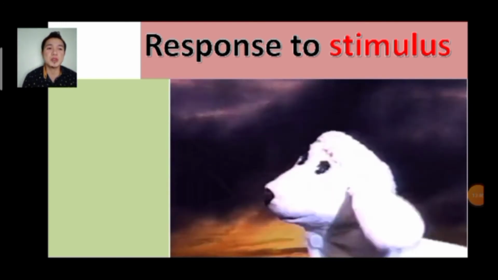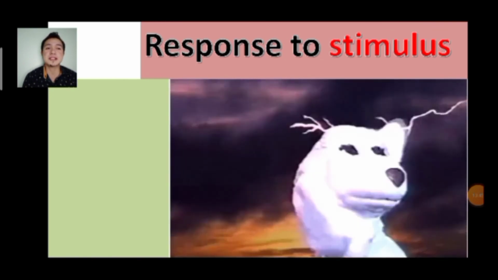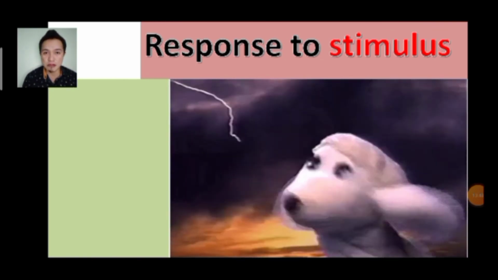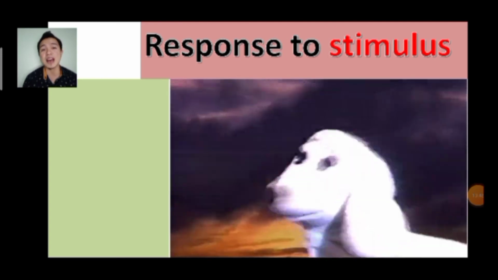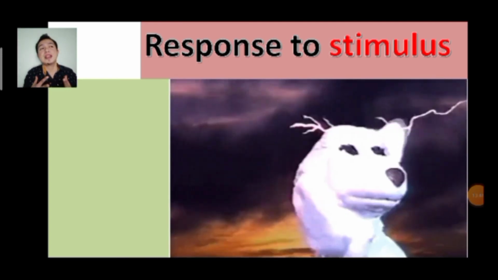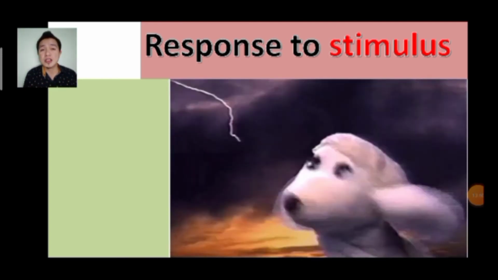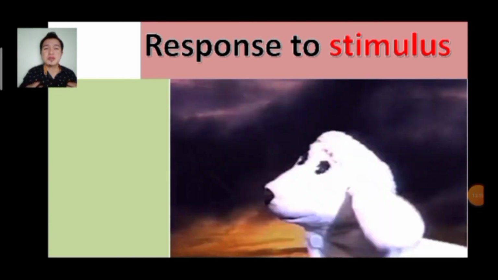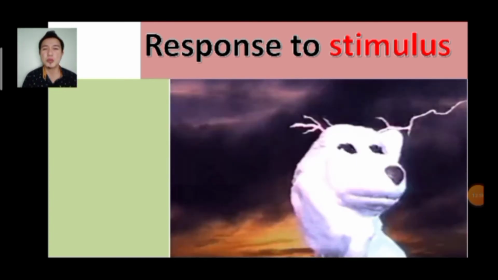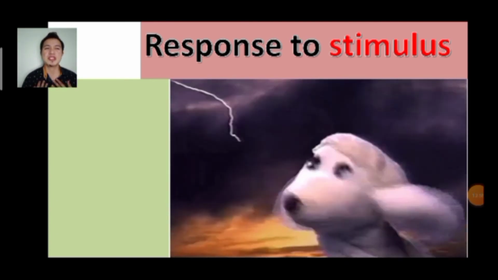In other words, we respond to our surroundings. For example, us as humans, if the surrounding is hot, we are going to drink more water because we feel so hot.